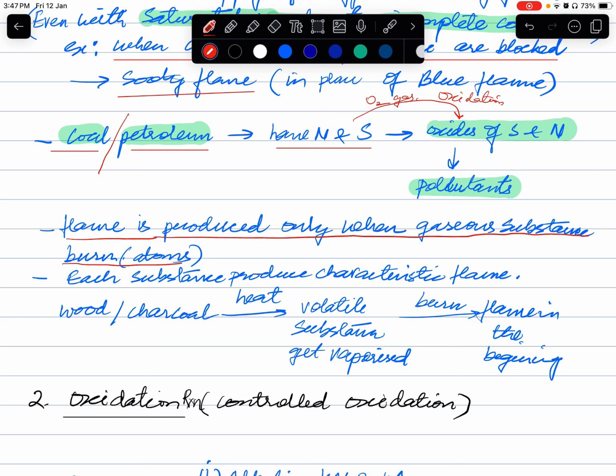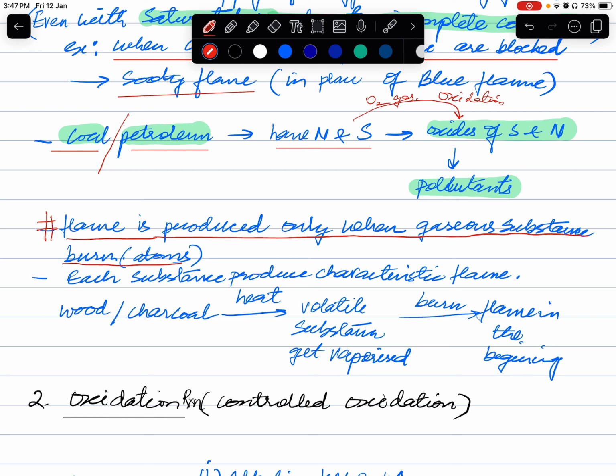What is the meaning of gaseous substance? Gaseous substance means having free atoms. We do not have any complex compound. Okay, so flame is produced only when we burn any gaseous substance or the free atom.